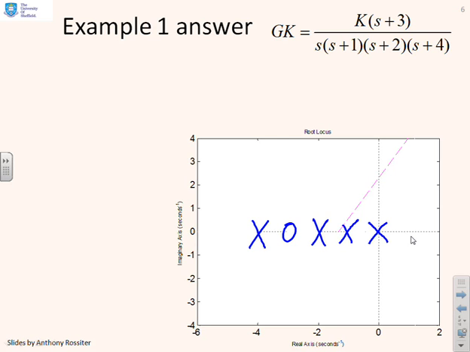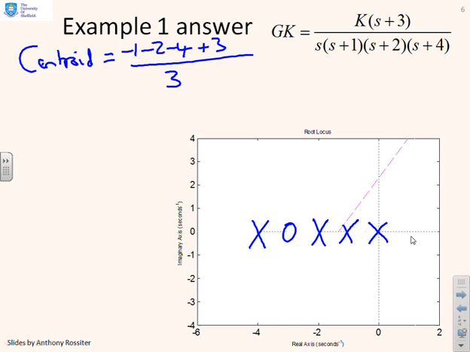Next, we want to look at the asymptotes. Now I can compute the centroid as the sum of open loop poles minus the sum of open loop zeros. So that's -1, -2, -4, plus 3, all divided by 3 because the excess of poles over zeros is 3. And that gives you -4 over 3.